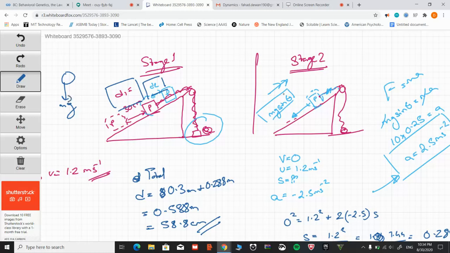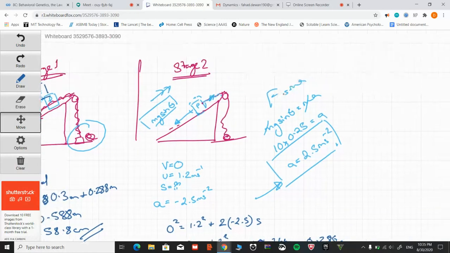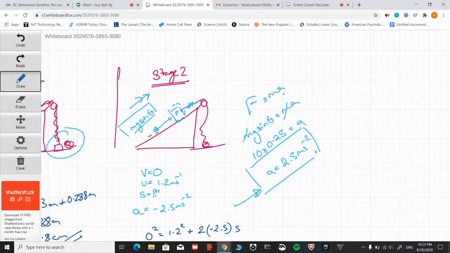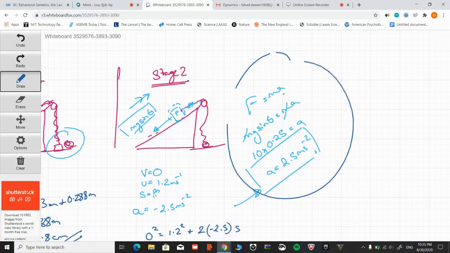And we also saw that when mg is the only force acting on an object, the acceleration or deceleration is 10 meters per second square, right? That's what we saw. But in this case, we don't have that value. We have to figure it out using F equals to ma. Okay?